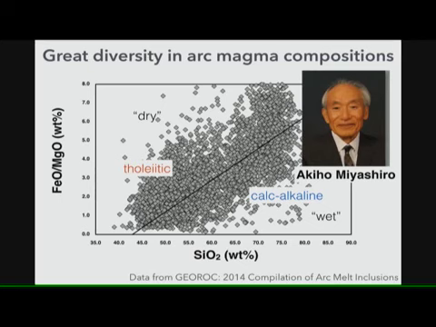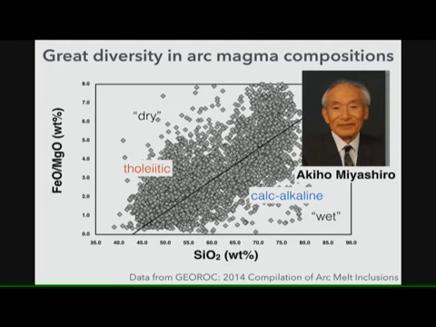magmas generated at arcs. And notice that we see both calc-alkaline rocks, those that have a higher silica to iron over magnesium ratio, compared to tholeiitic rocks, which have this lower silica and higher iron to magnesium ratio.